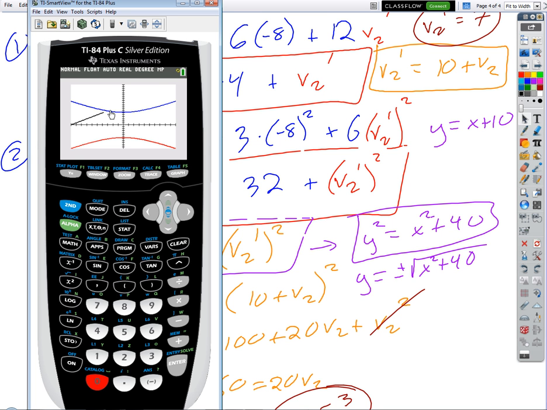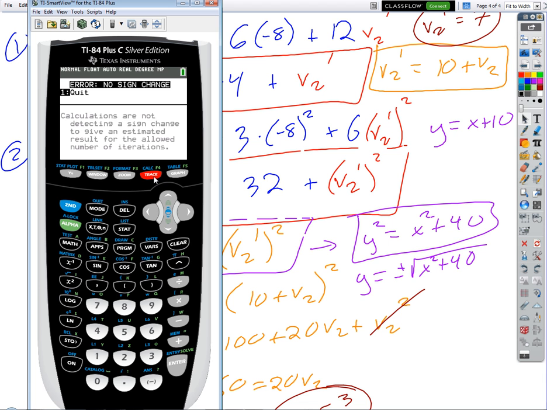The solution is that intersection right there, so I would just go second calc, intersect, and we want the blue curve, and not that one. Oops, I did the wrong one. So go second calc, no sign change.